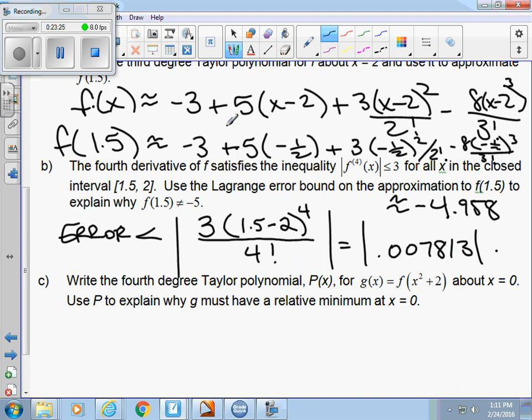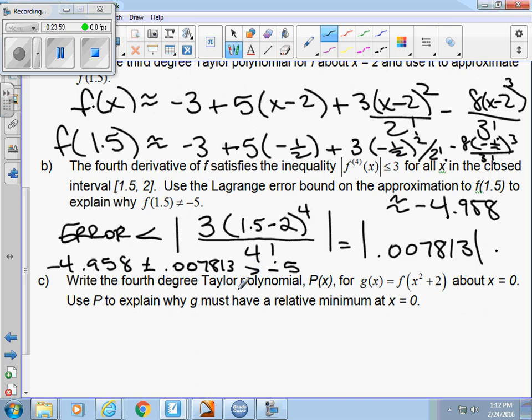And so then I would show that negative 4.958 plus or minus, we really are talking minus here, 0.007813 is still a bigger number than negative 5.